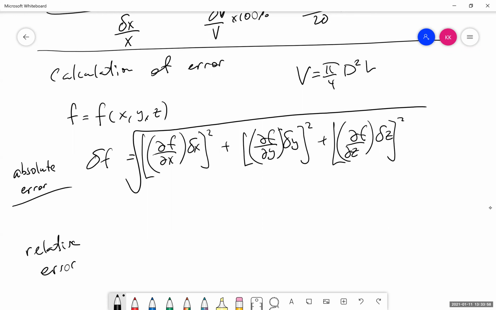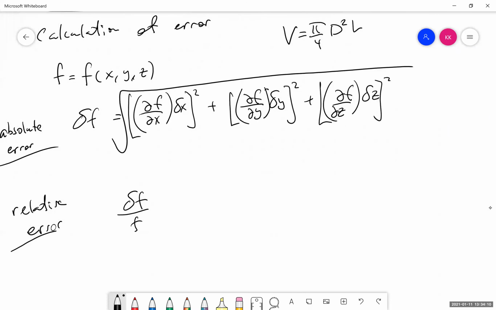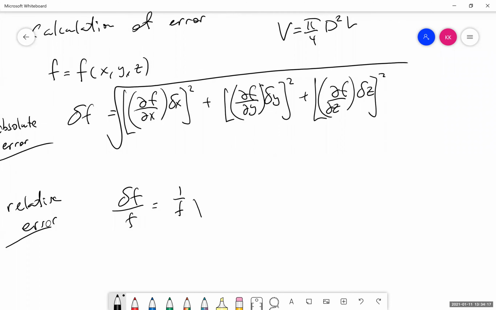The relative error will be just taking this and dividing by f, because the absolute error of the quantity divided by the quantity is going to be the relative error. That means you just take the 1 over f, and this whole thing that we have in a parenthesis.